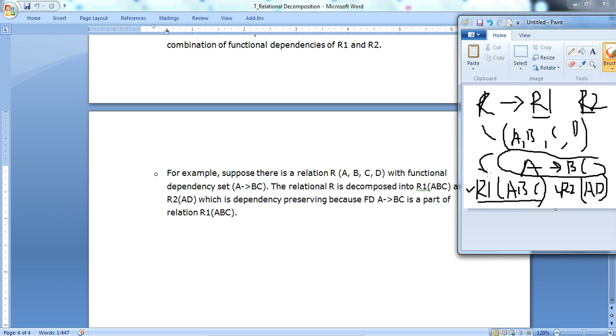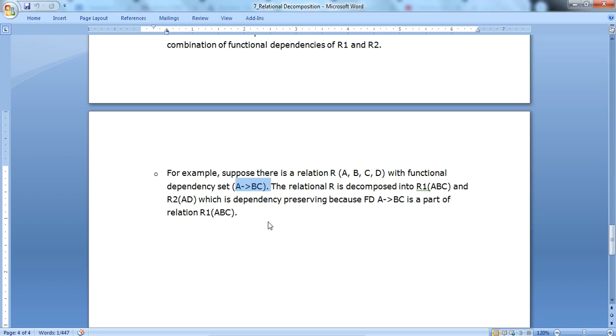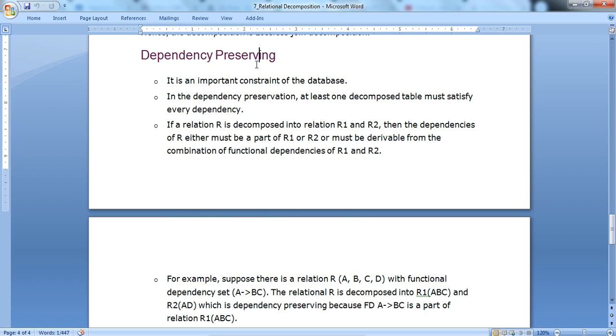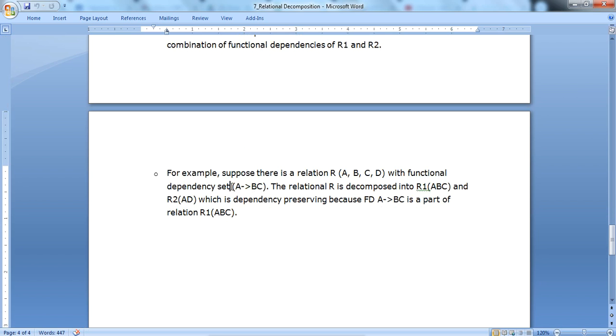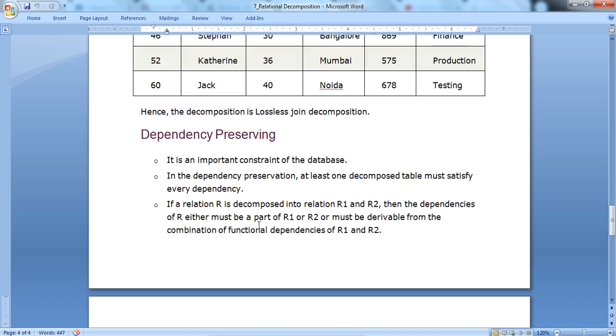That's why we can say that the decomposition is dependency preserving: in the given relation this is the dependency set, and when we decompose relation R into R1 and R2, R1 maintains this dependency set. That's why we can say that this decomposition is dependency preserving.